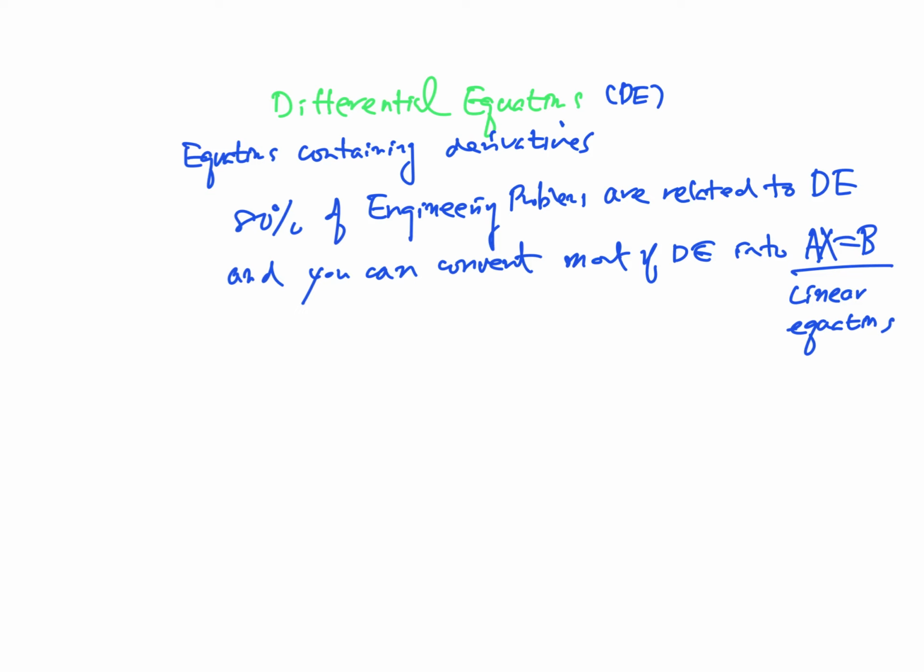Luckily, you can convert those differential equations into the matrix forms. So that's the reason why I spent more time in our first part on the linear algebra, that is, the matrix algebra. So 70 to 80% of the engineering problems will be eventually related to the matrix. So these two topics are probably the most important topics as an engineer.